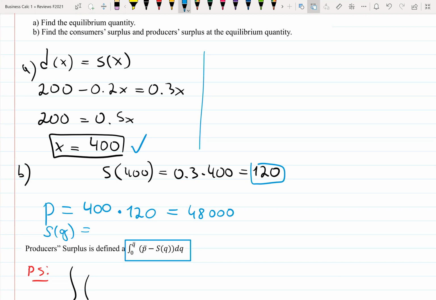Okay, that's yes. Q, P, S of Q. Q is 120. We found it, right? Here it is. So S of Q will be what?